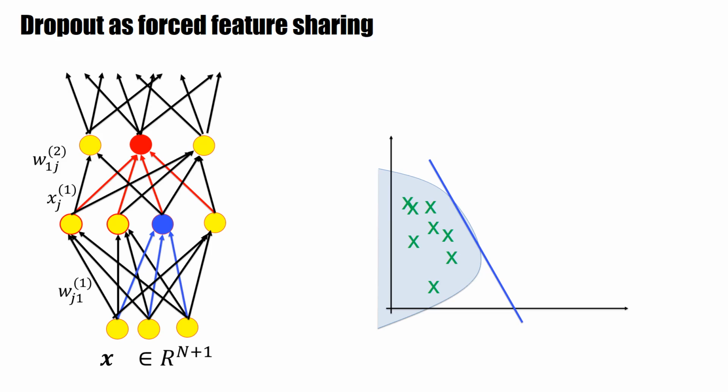Now let's come to the second interpretation. The second interpretation is Dropout implements some sort of forced feature sharing between neurons in the same hidden layer. Let me try to explain this. Well, we focus on this red neuron. It receives input from 4 neurons in the hidden layer, just one layer below. Each of the neurons in that layer implements a feature.